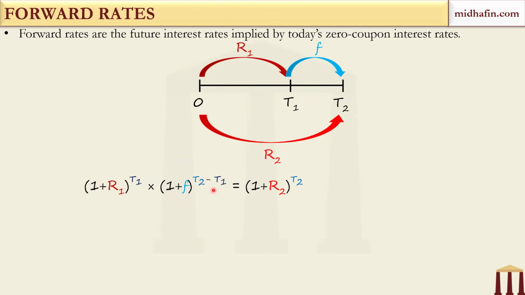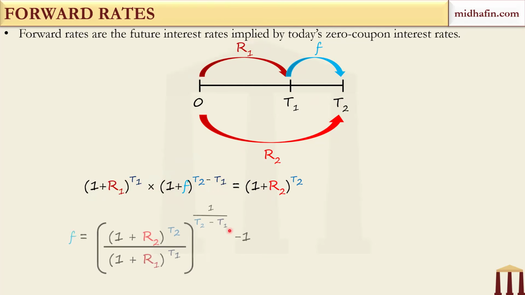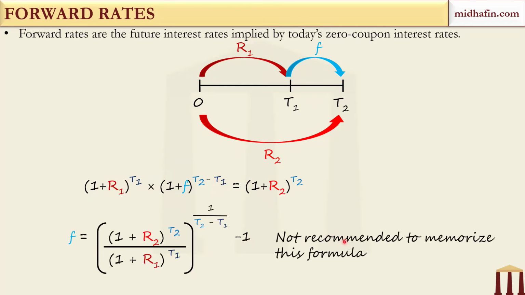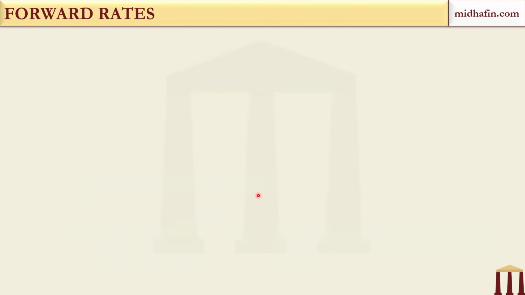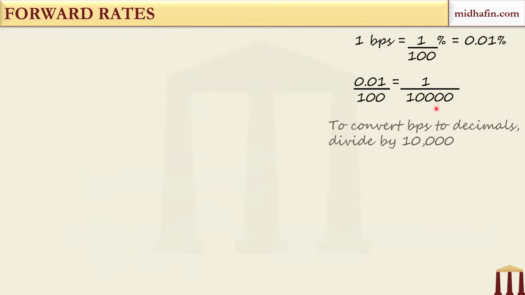It's very simple, right? If you solve this, you will get this result. But again, not recommended to memorize this form. Just use this logic. It will be very, very easy to find out the forward rates. Very easy. Let's take an example. And just a quick recap, 1 basis point was 0.01% or 1 divided by 10,000. So to convert basis points to decimal, divide by 10,000 always.